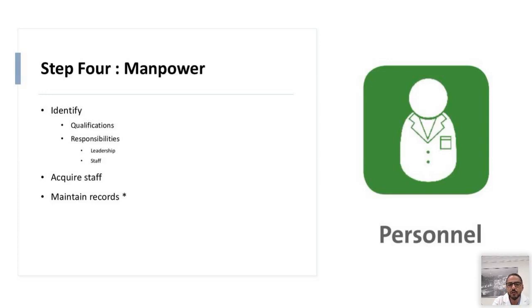The staff, or even the portfolio holders, like the quality assurance representative, the lab information specialist, and so forth. And then you would acquire the required staff to fulfill your mission and go forward. And for sure, you would have to maintain the records from recruitment, from hiring, and so forth.